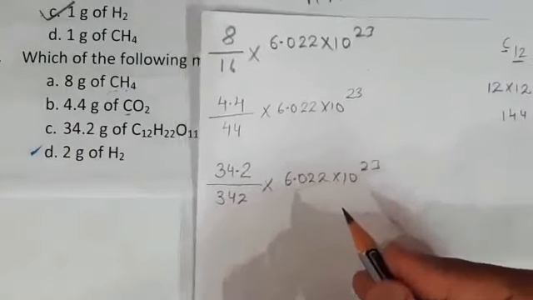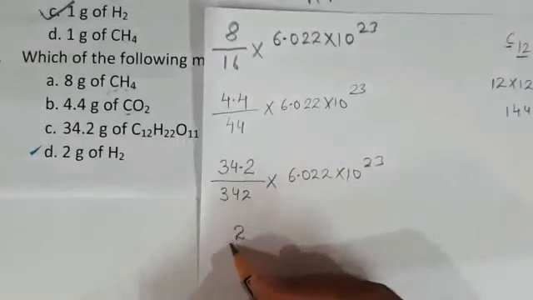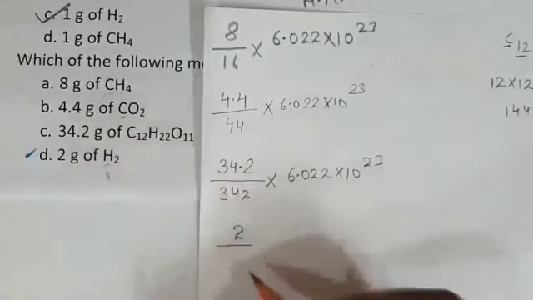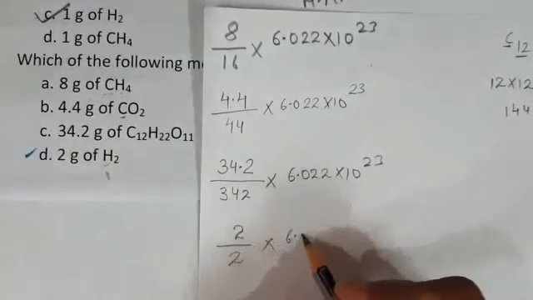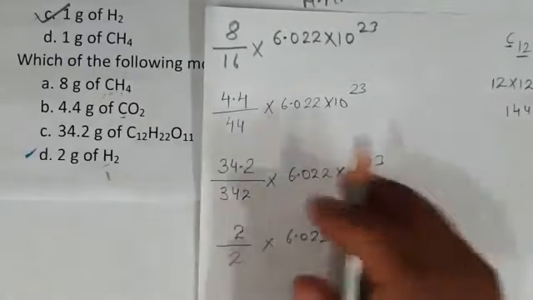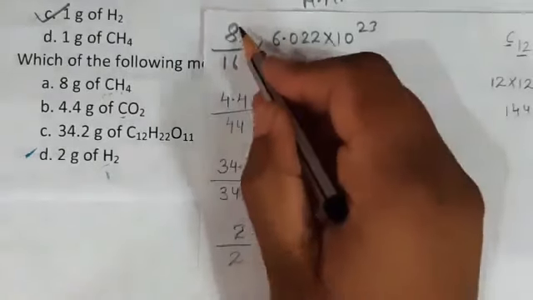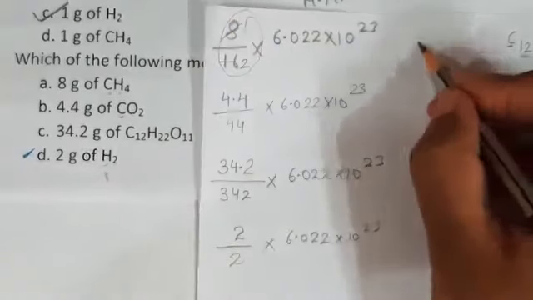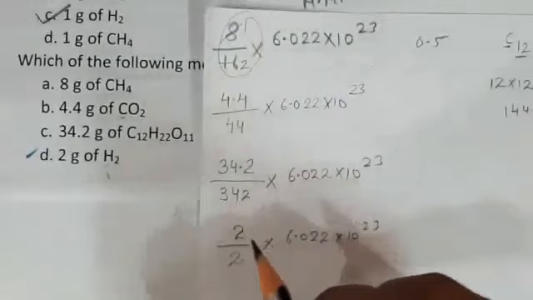For D, 2 gram of H2, given mass is 2. Molar mass: hydrogen is 1, 2 hydrogen are there, so 2 ones are 2, into Avogadro's number. Just solve it, you can simplify here itself. 8 by 16 will turn to 0.5.